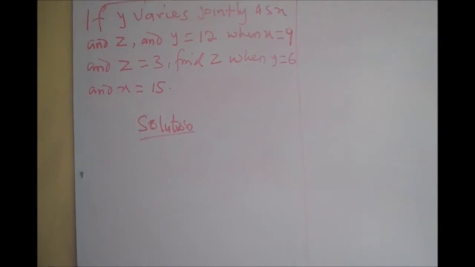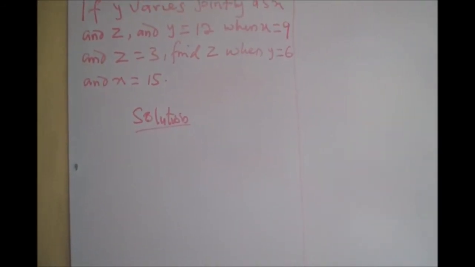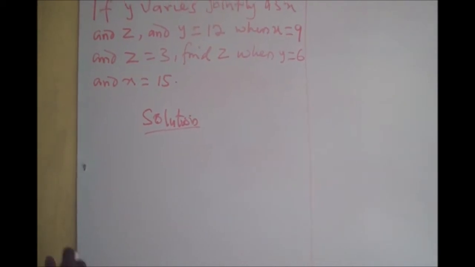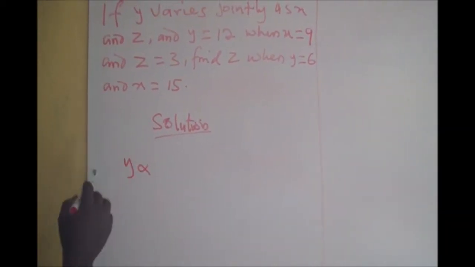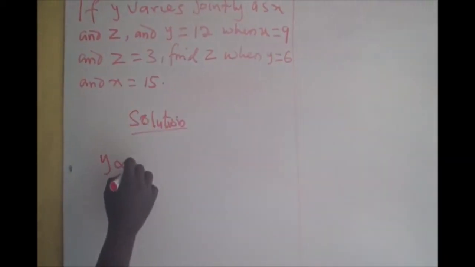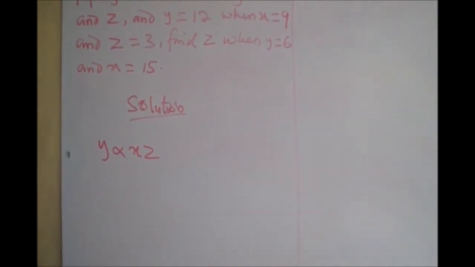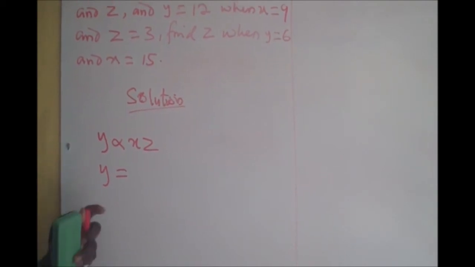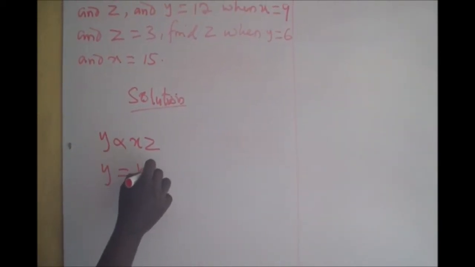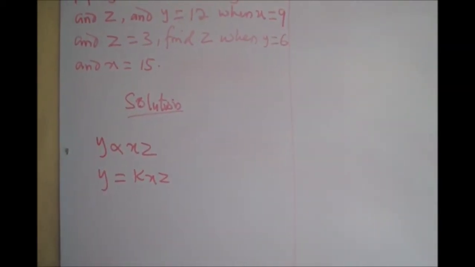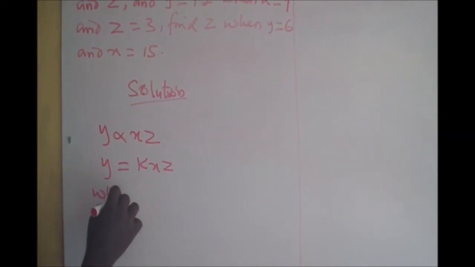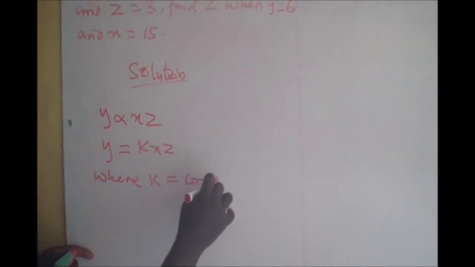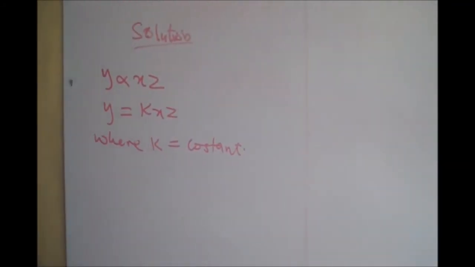Let's turn the question into numerical form. We say that y varies jointly as x and z. If we change the sign of proportionality into an equality sign, we have y equals k times x times z, where k is the constant.